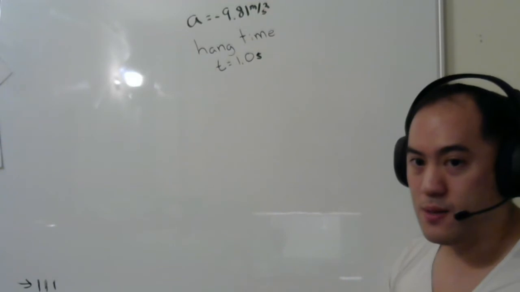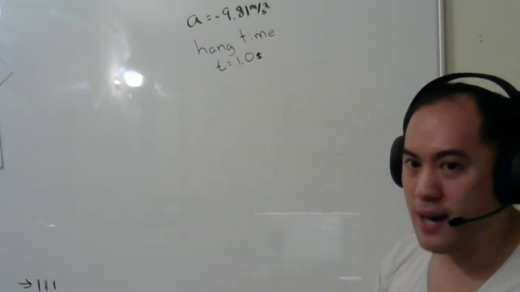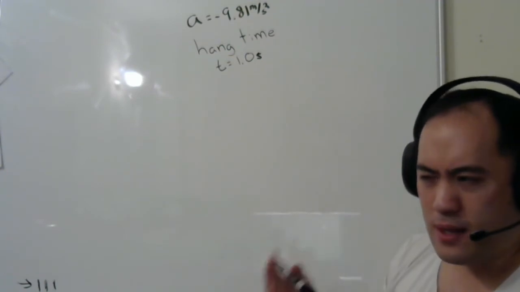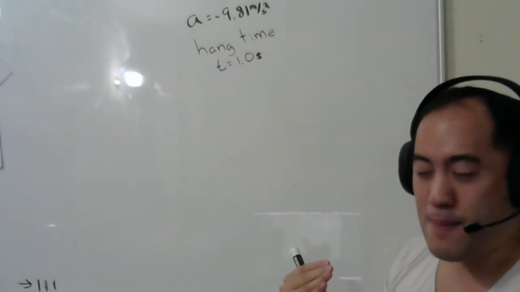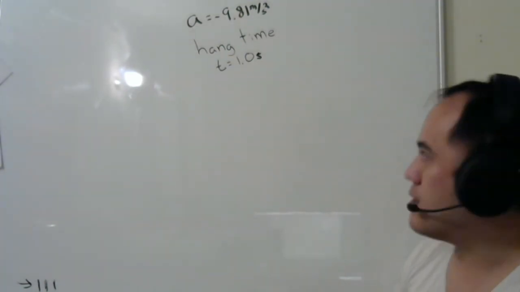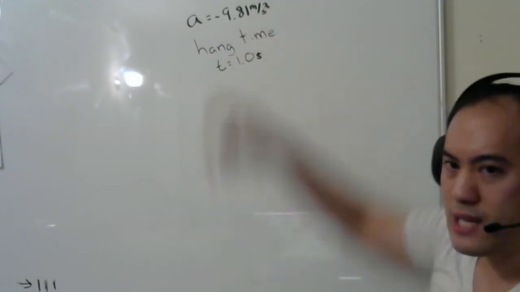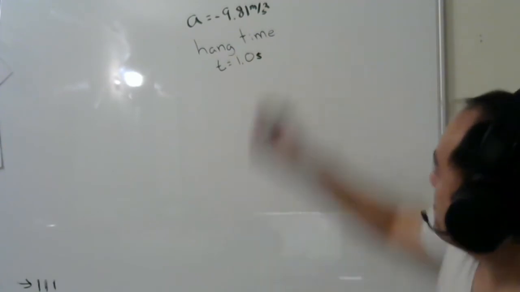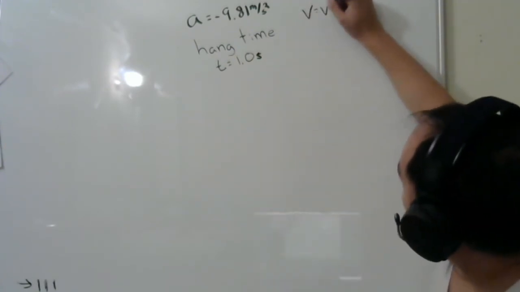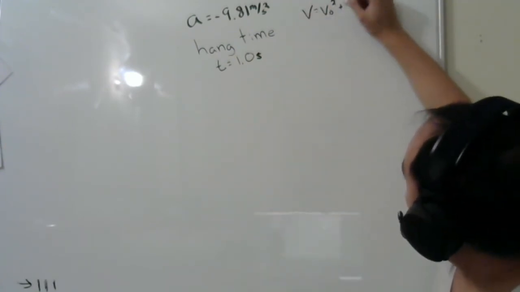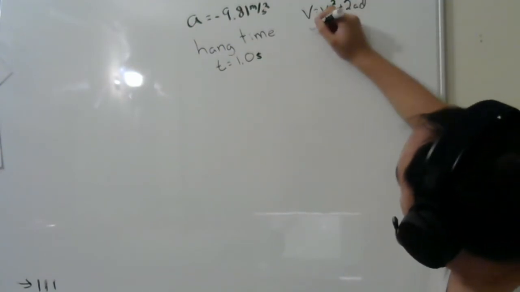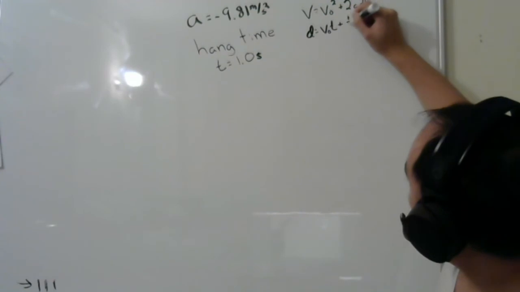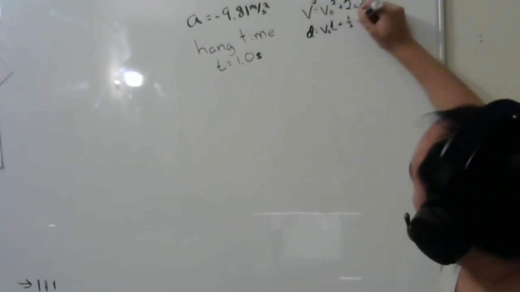This is another example. We can make a mathematical model. Of course, the higher you jump, the longer you're in the air. But how do we make that mathematical model? It's pretty tough because there's only two given variables. The equations we know, v squared equals v naught squared plus 2ad, and d equals v naught t plus 1/2 at squared.